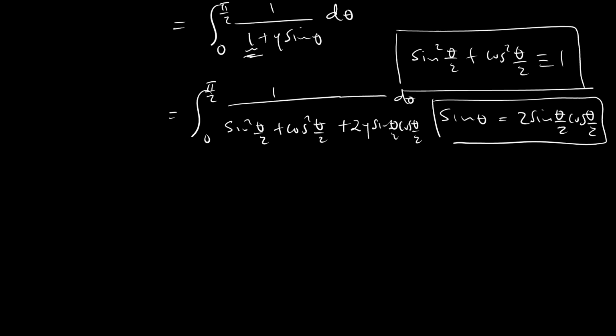So let's divide both the numerator and the denominator by cosine squared theta over 2.